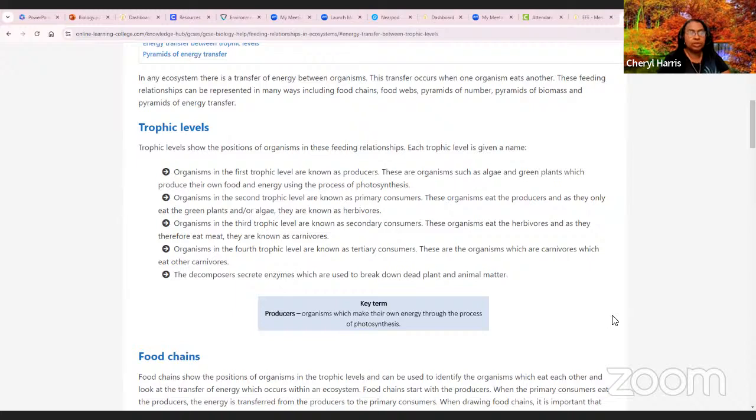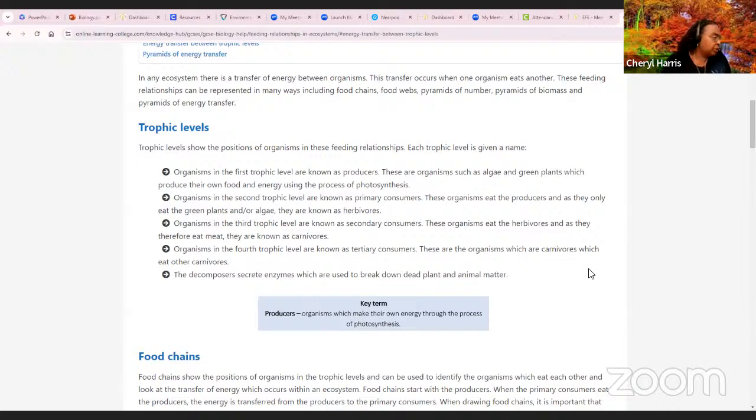Trophic levels show the feeding relationship. That word trophic always has something in front of it: autotroph, heterotroph. Then it changes to herbivores and carnivores.